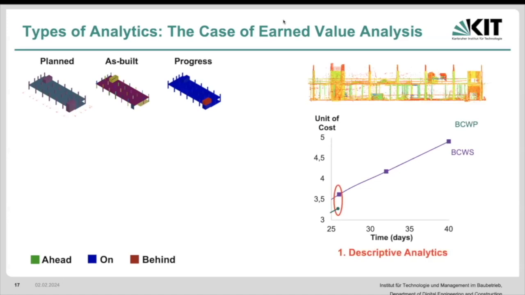Once we get to this point, we can utilize that information that we extract to develop a descriptive analytic of the status of the project. In this case, earned value analysis for delay. If the budgeted cost of work performed is less than the budgeted cost of work scheduled, what happens?